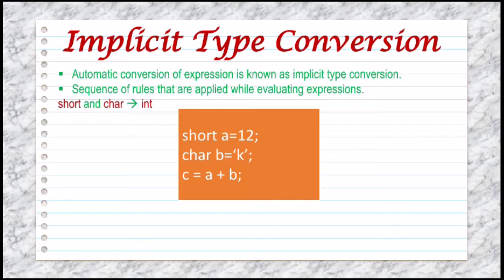So here we have declared a variable as short and b variable as character. So if you try to add a plus b, the result will be an integer, because as per our rules, short and character will be automatically converted into integer.